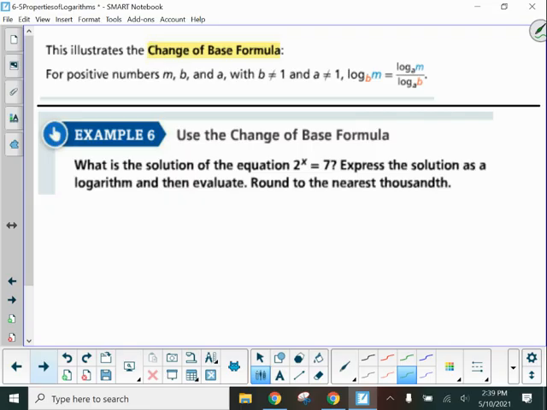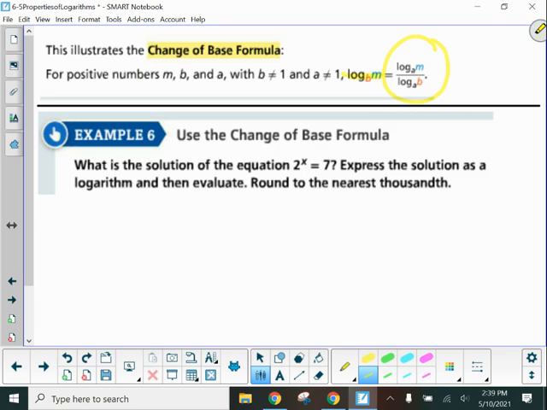You can rewrite any logarithm. You see here we have log base b of m. That can be rewritten as log of some new base a of m divided by log of that same base a of b. So you're going to pick some new base.